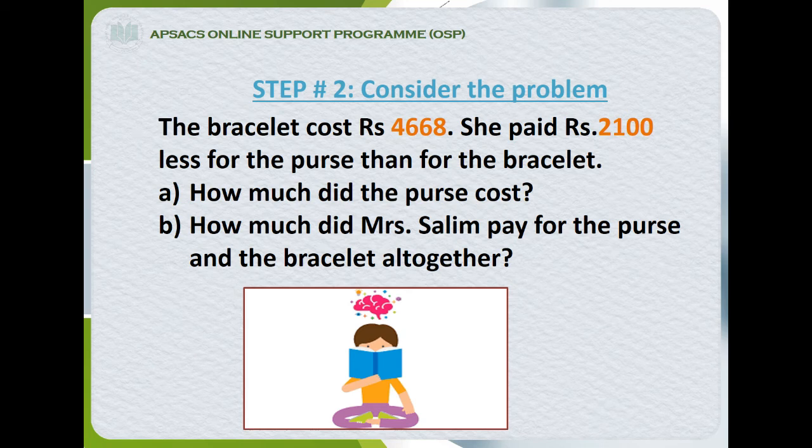So these are the two important things given in the question. And we have to find out first the purse cost, and then how much she paid for the purse and the bracelet all together.